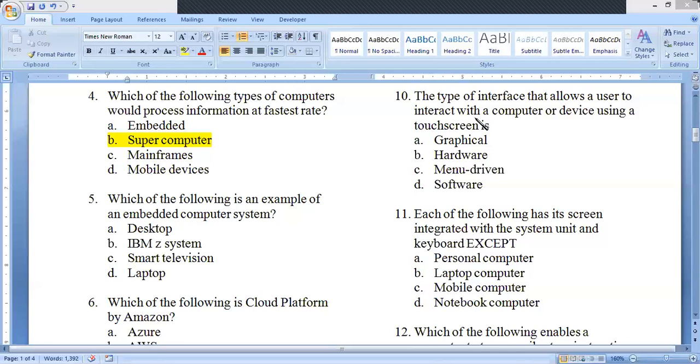It controls some part of the device. The washing machine would have an embedded computer, a chip that controls the machine cycle. When you press 20 minutes, for example, the embedded device is what knows it's supposed to go for 20 minutes.